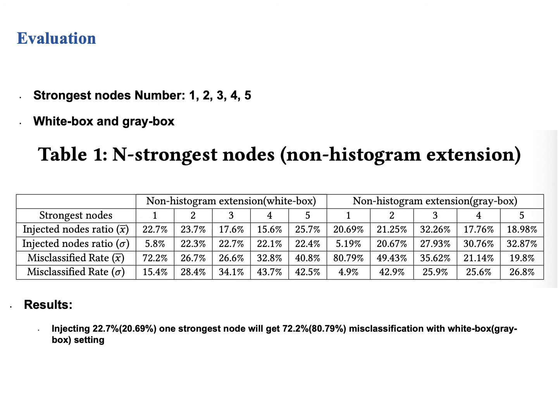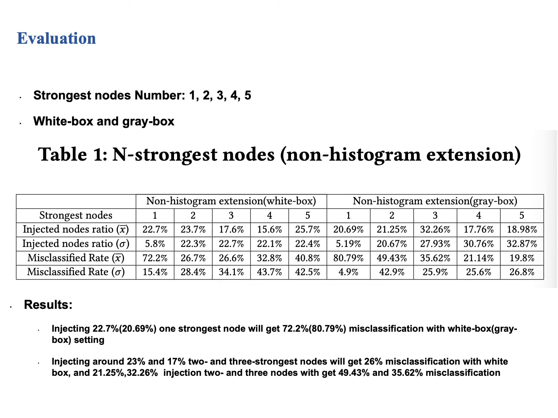And in the gray box we can also get nearly 80% misclassification, but in this situation we inject about 20.69% nodes. We also get a 26% misclassification rate by injecting just 23% nodes. From Table 1, we can also see that the misclassification rate depends heavily on the number of instructions.